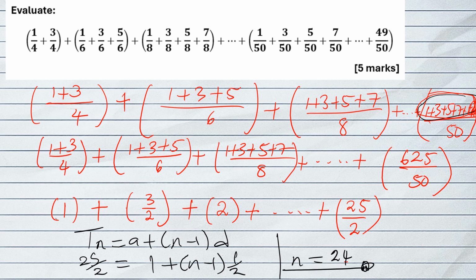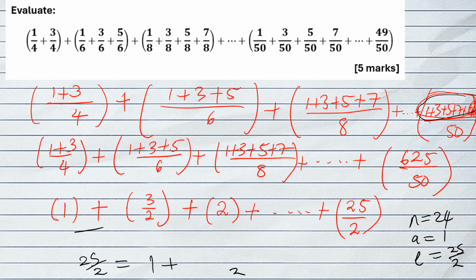Now we have our n, which is 24, our a, which is 1, and our last term, which is 25 over 2. We can then use the formula for the sum and get the final answer for this expression. So Sn equals n over 2 times (a plus last term), the sum of 24 terms in this case.